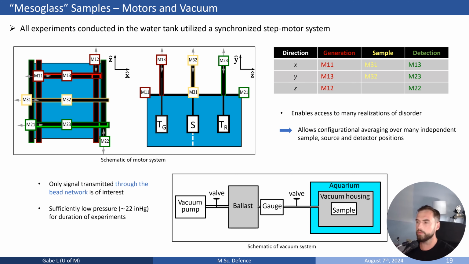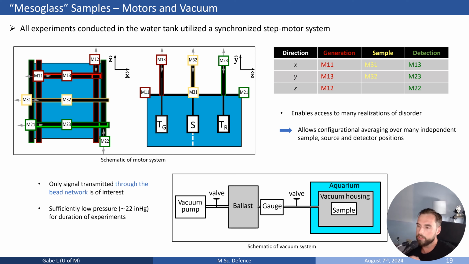Here I wanted to include this slide to talk about the motor assembly. Using these motors, we're able to move the generation, detection, and the sample simultaneously in order to access many realizations of disorder in the sample instead of scanning at one position.